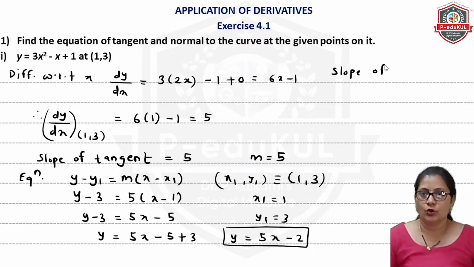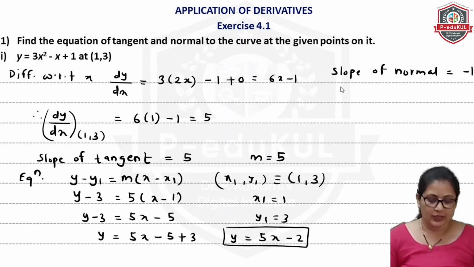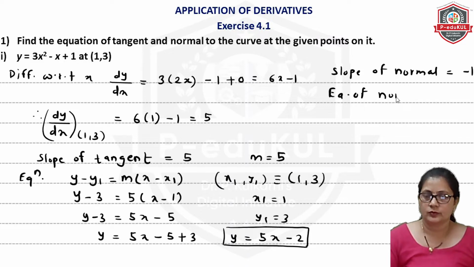Now I'll find out slope of normal, which is negative reciprocal. So that will be 1 upon 5. And then similarly I'll calculate the equation for the normal. So equation of normal, y minus y1 equals slope into x minus x1.